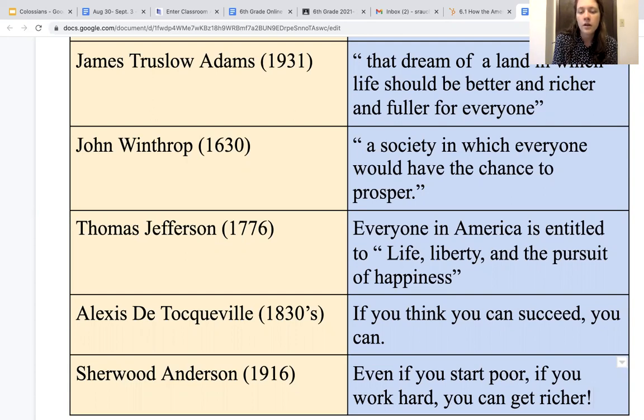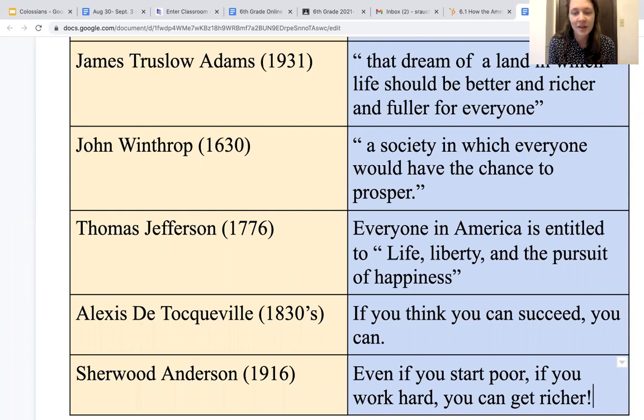So those are a lot of the parts. Oh, pause it if you need to keep writing. So those are a lot of the ideas that go into the American dream. And we are going to start looking for these ideas in The Westing Game when we read it tomorrow.